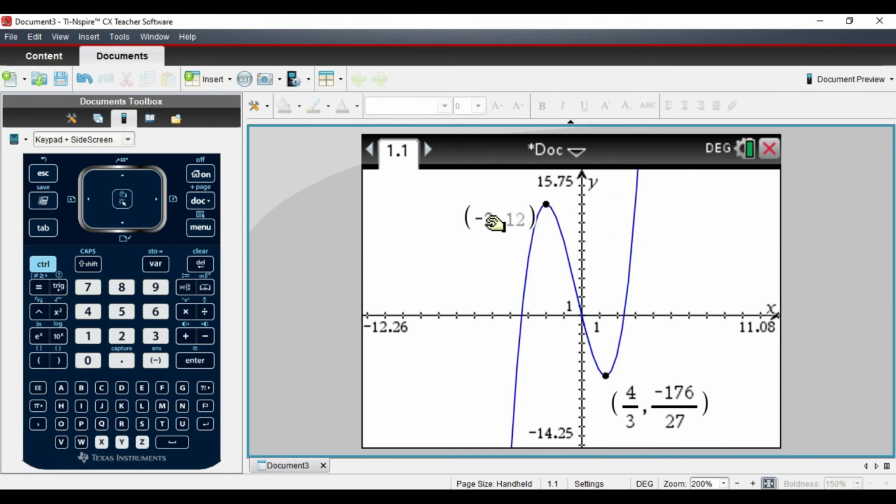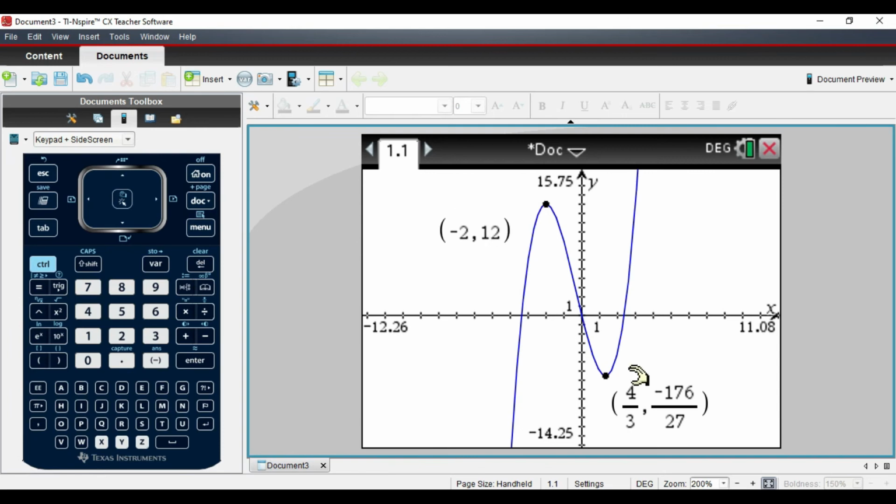And I actually prefer this approach, so I don't have to load the calculator app and switch back and forth and try to keep a decimal representation in my brain as I'm going back and forth, and possibly lead to stupid mistakes as well. So here we got our 2 stationary points, the coordinates of both of our stationary points in their exact form on our calculator window.